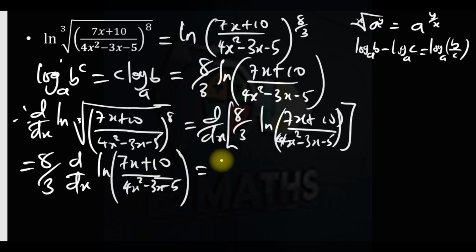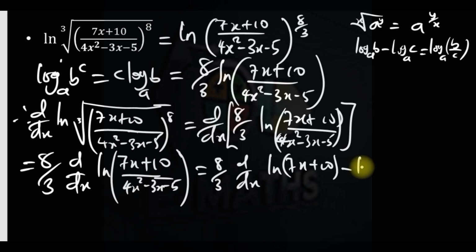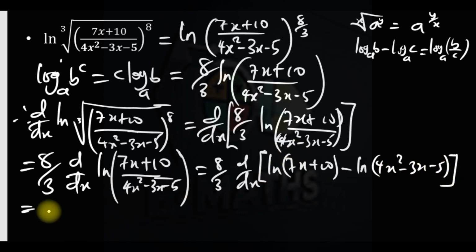we can now split this as 8 over 3, the derivative of ln (7x plus 10) minus ln (4x squared minus 3x minus 5). So which is the same as 8 over 3. We now differentiate. This is like what we've done now.